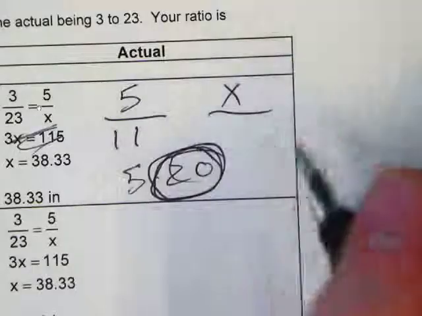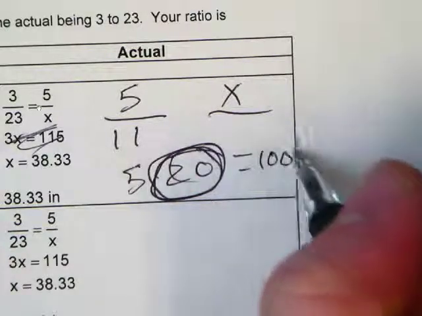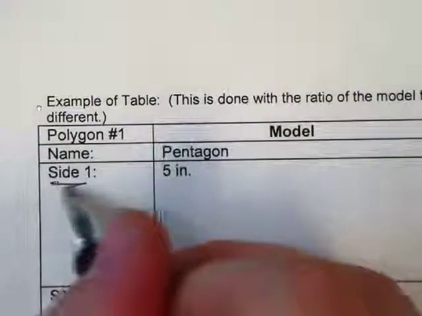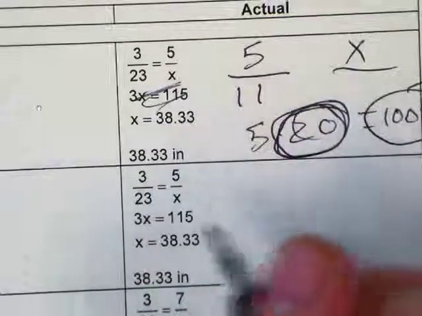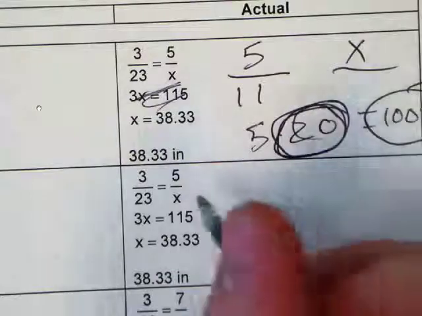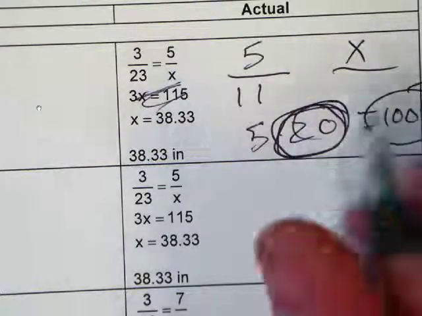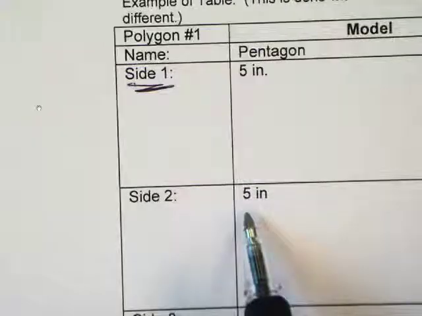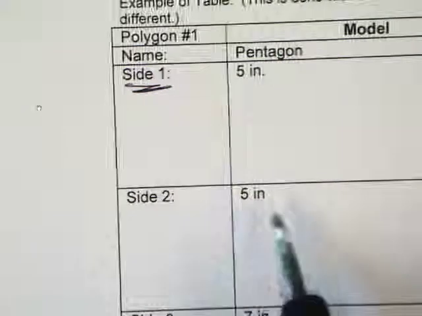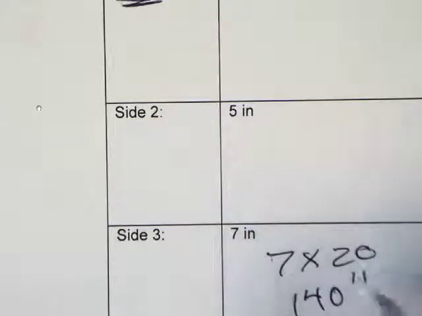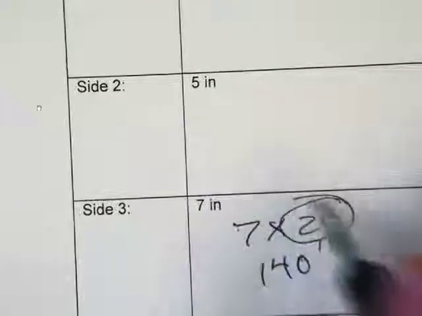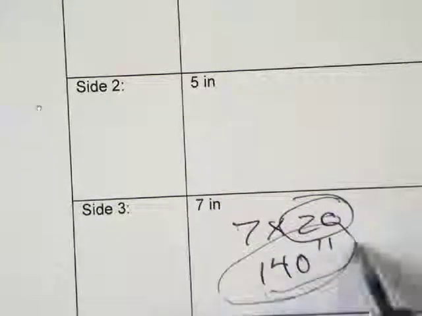Okay, so 5 times 20 equals 100 inches. So that length, side 1, is 100 inches. And then you just go through and do side 2, and let's just say side 2 was also 5 inches. Times 20, so 100 inches. Side 3, 7 inches. Well, what's 7 times 20? That's 140 inches. So you're just scaling everything up by 20, and that's the final size.